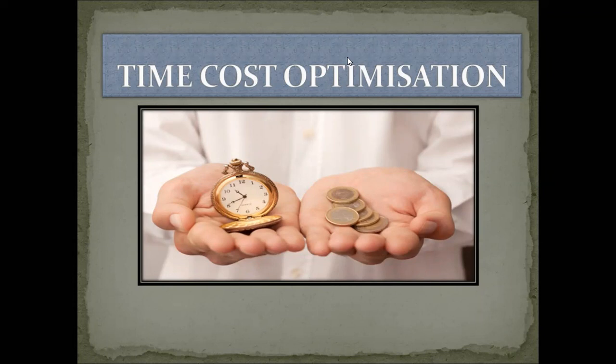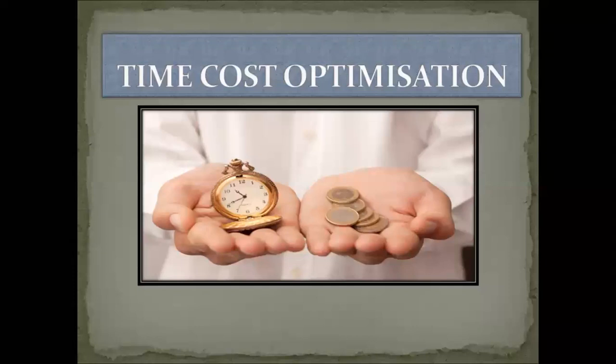In a given project, if 15 months are required for completion and 25 lakh is the cost, then this 15 months and 25 lakh are called normal time and normal cost. These definitions are a little bit important.